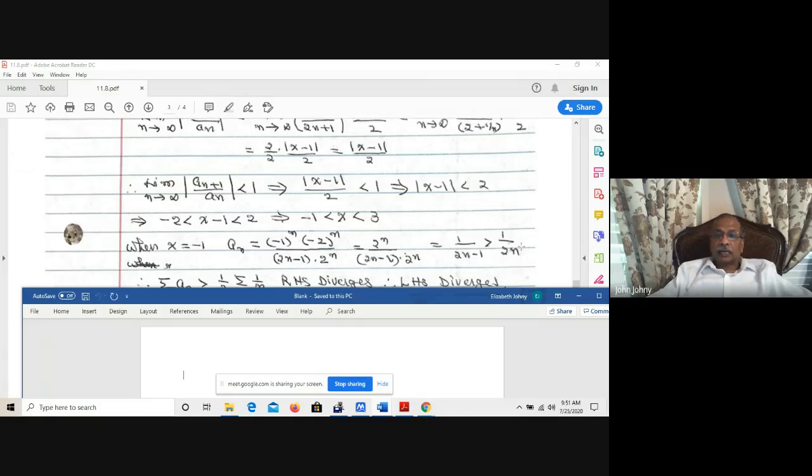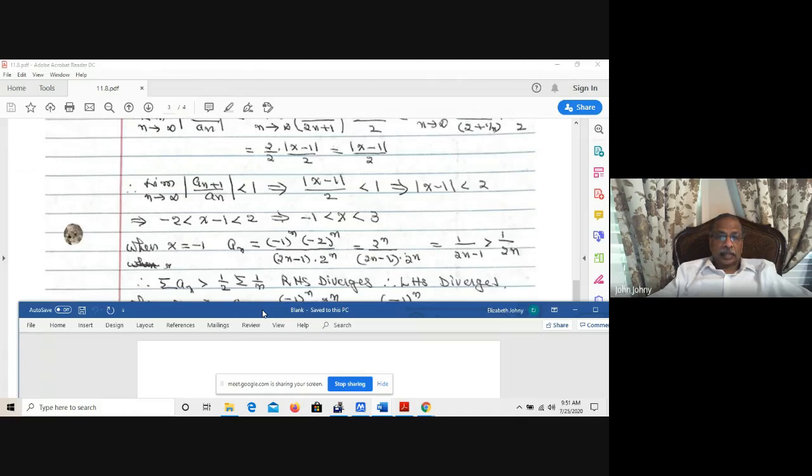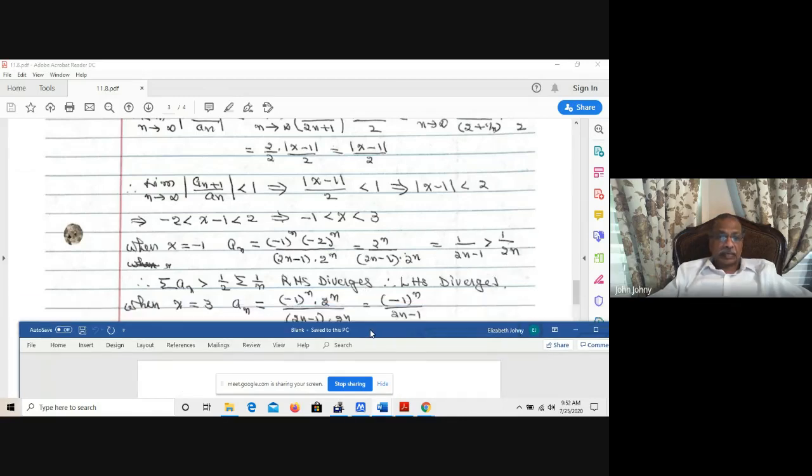By the p-test, the right side is divergent: 1/2 sigma 1 over n is divergent, p is 1. So sigma a_n is greater than 1/2 times sigma 1 over n. The right hand side is divergent. Therefore, the left hand side is divergent.